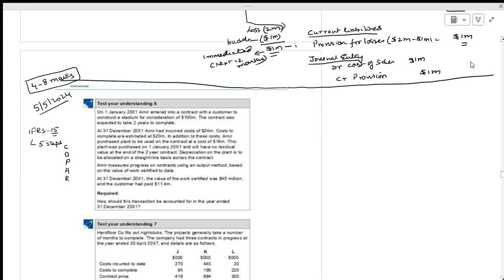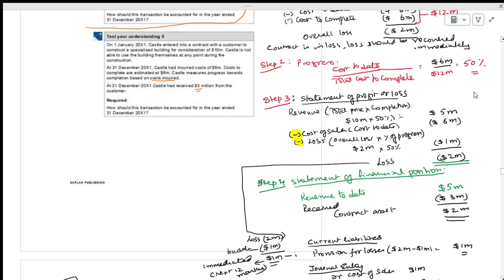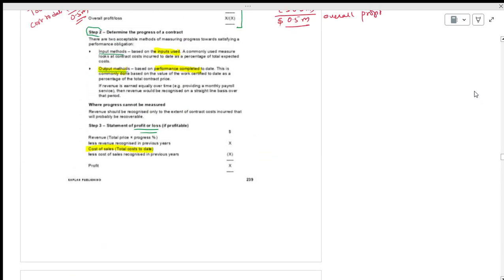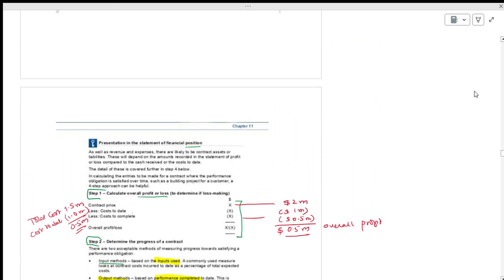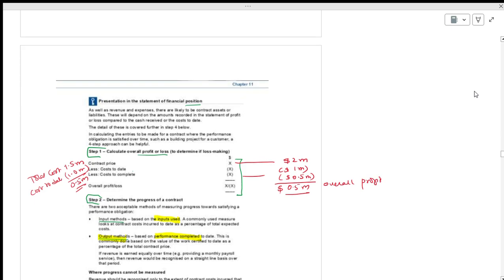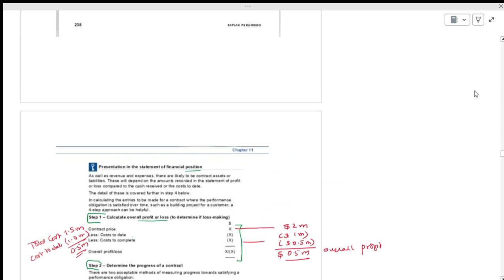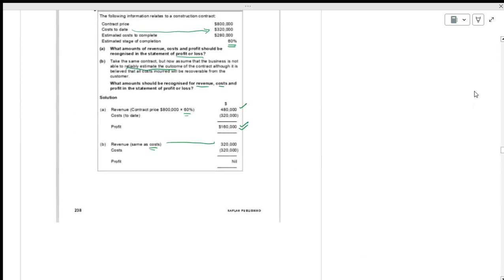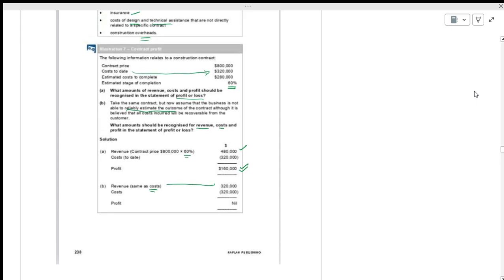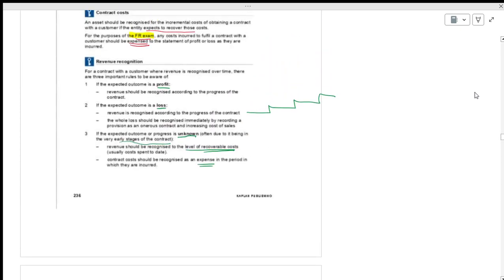Okay, five steps. Then I will go back to the things we have done. We are in terms of presentation in the financial statements.